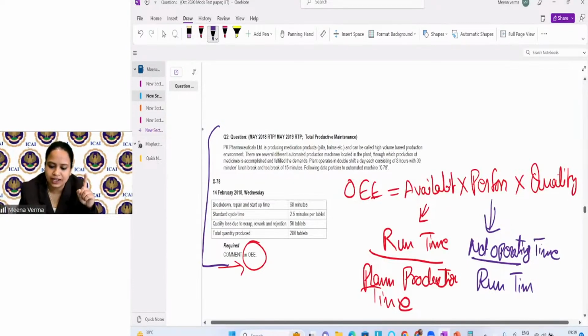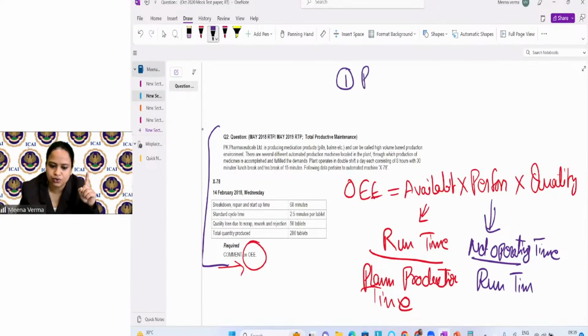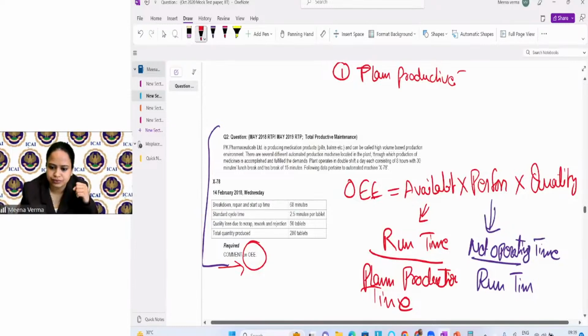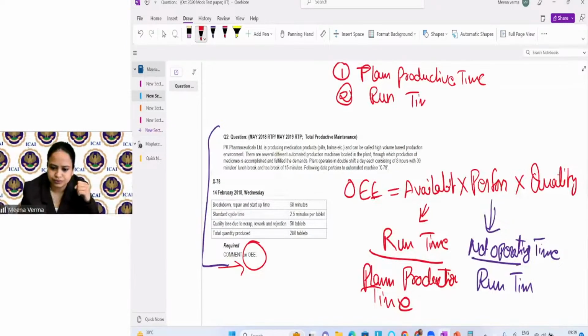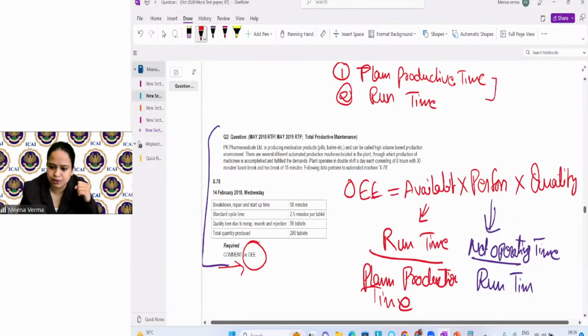If you see, I need three values. One, I want to know the total planned production time. Then I want to know the runtime, and the difference between them is time loss.